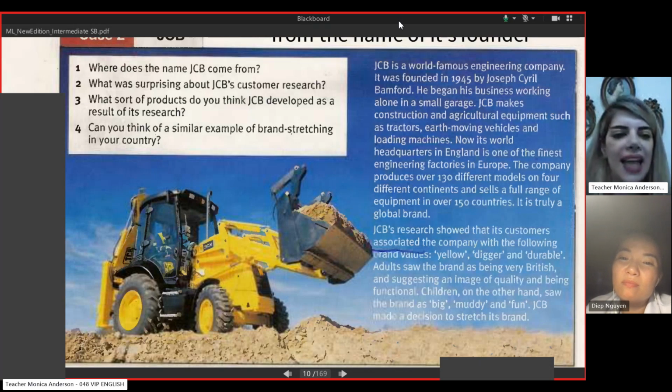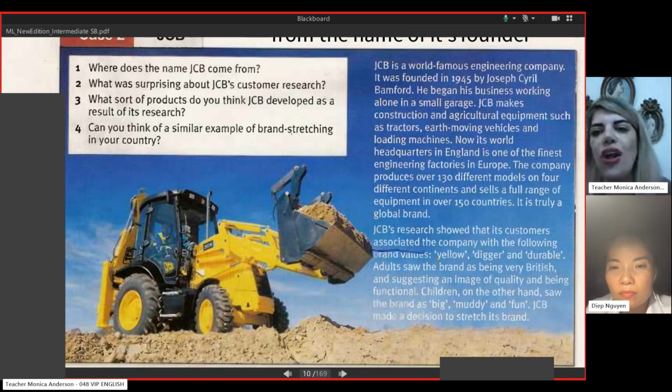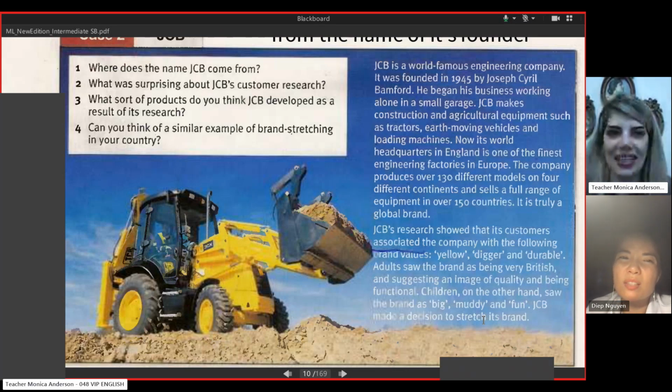Of course, because actually they have different images of it. Adults consider it a British brand, of course, yellow, digger, and durable. But children, on the other hand, see the brand as big, muddy, and fun. So two different ideas, two different opinions.